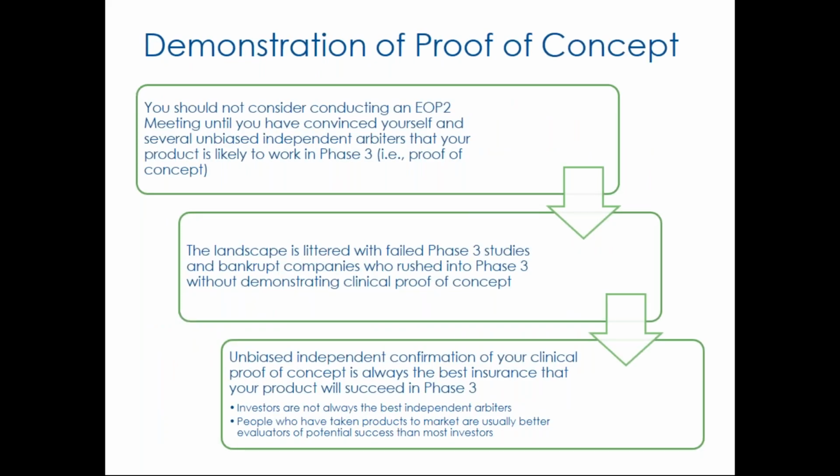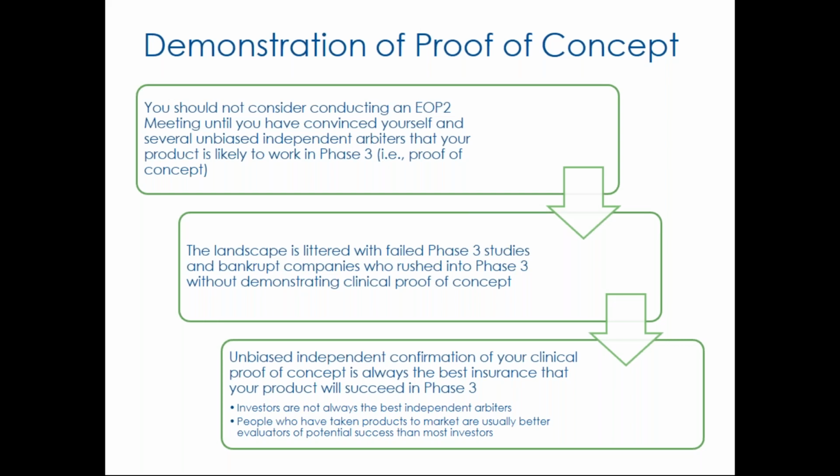I mentioned earlier demonstration of proof of concept. I think this is getting up on a soapbox a little bit, but I will say that historically the landscape in product development is littered with companies that have rushed into phase 3 without being appropriately prepared, without demonstrating clinical proof of concept.